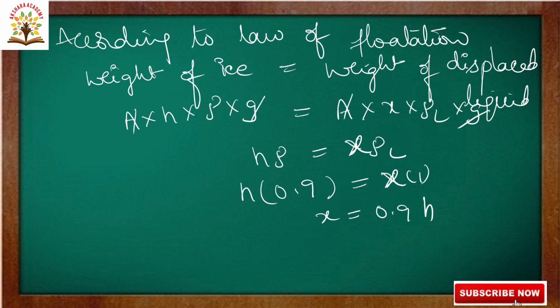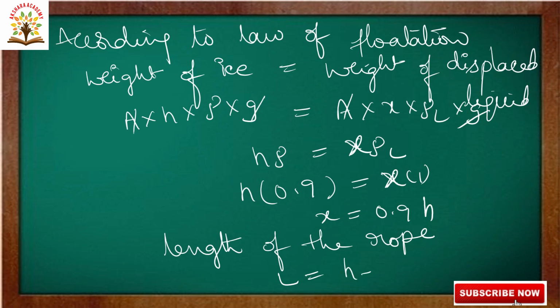Length of the rope L is equal to h minus x. Substituting the values, L is equal to h minus 0.9 h.